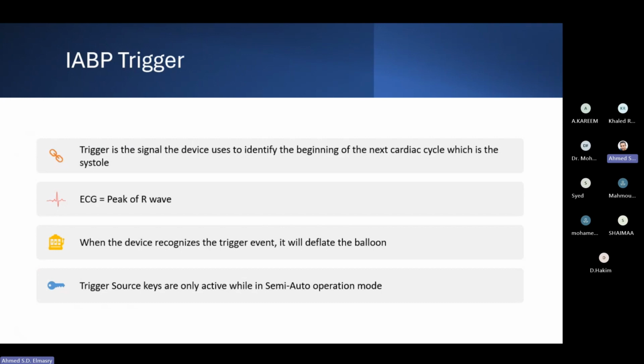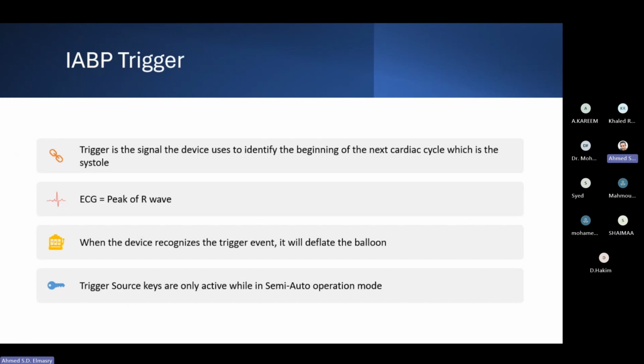And going to the intra-aortic balloon trigger. What is the trigger? The trigger is the signal that the machine uses in order to know the timing for the systole and the timing for the diastole.